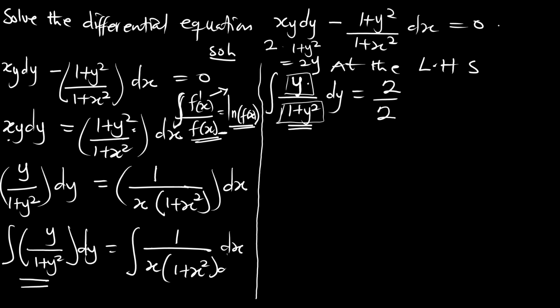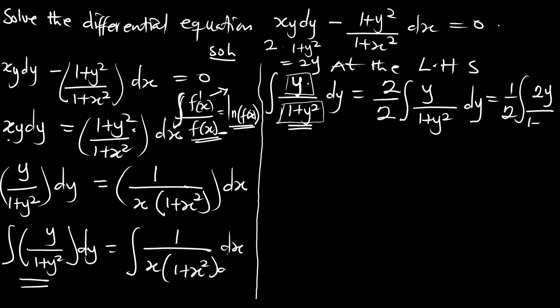Making the integral of y on 1 plus y squared dy. So I've not done anything to the equation. I am just multiplying both sides by 2. So this is the same as 1 on 2 integral of, this 2 will come inside, 2y on 1 plus y squared. So now with this, we can see that when we differentiate the denominator, we are going to get 2y over here.